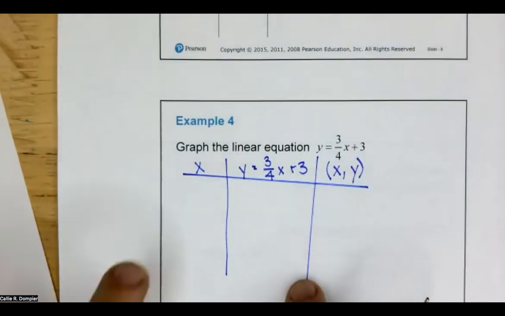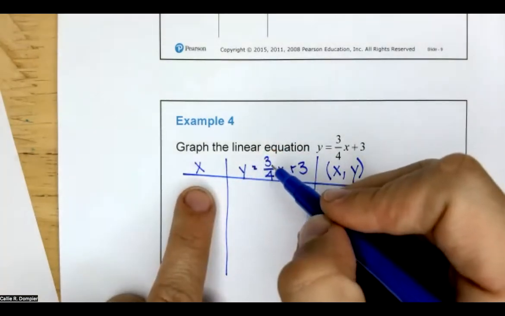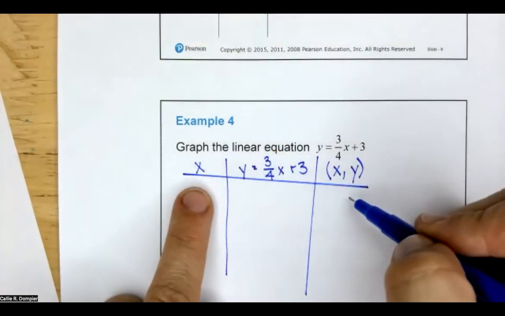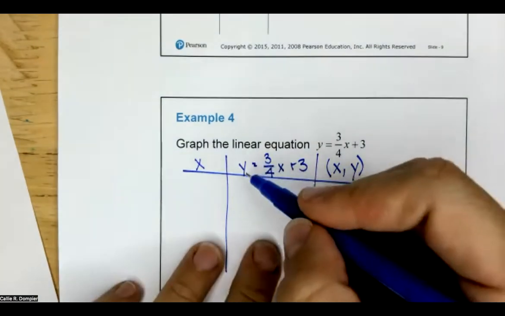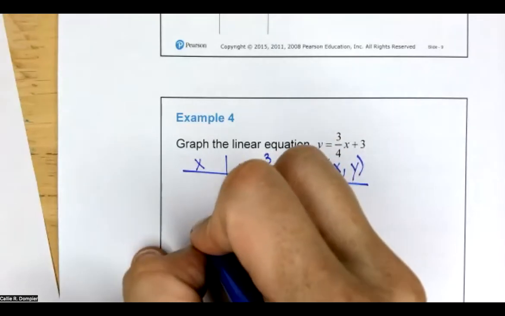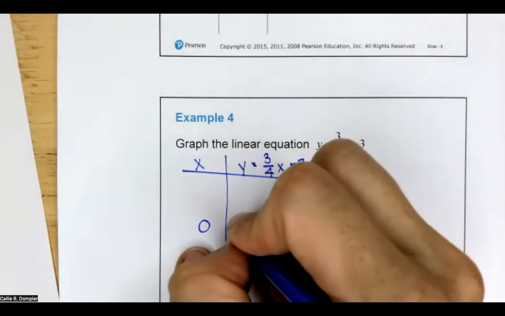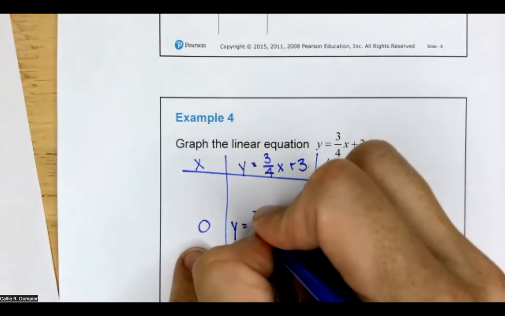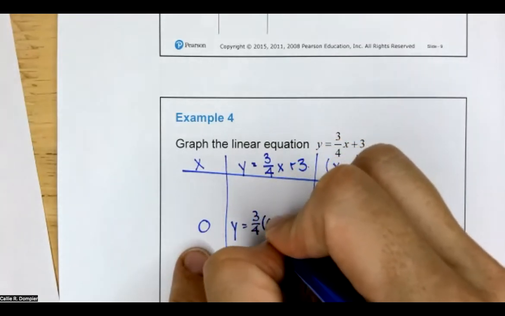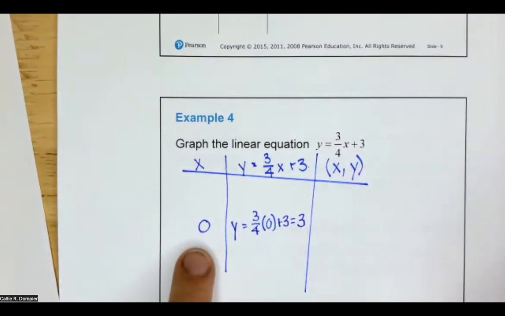You decide what you want to put in for x, you put that x value into this, and you are outputted a y, right? When x is 0, y will equal 3/4 times 0 plus 3, which just becomes 3, right?